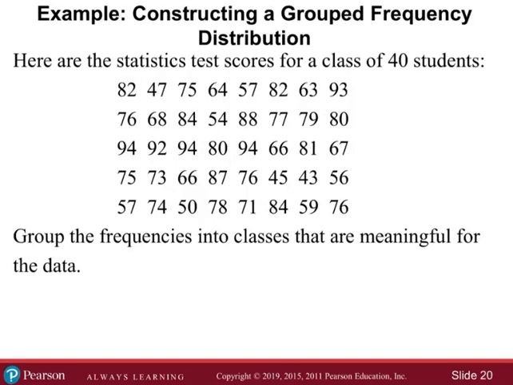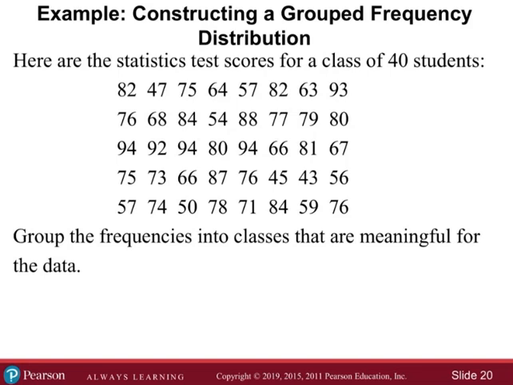So here are the statistics test scores for a class of 40 students. Group the frequencies into classes that are meaningful for the data. Since these are test scores, maybe we can do these by tens, like you have your 90s, 80s, 70s, and 60s.